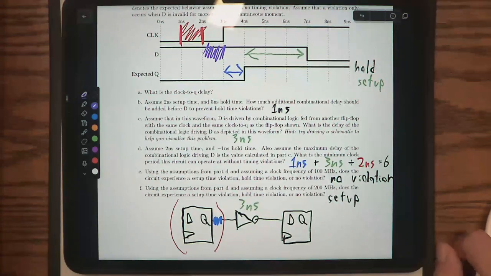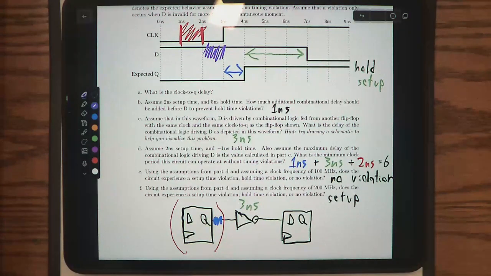Is it possible for the clock to be too slow and cause a hold time violation? No, that will not cause any problems. I will leave that for you to figure out. So to clarify, that term is the maximum frequency?